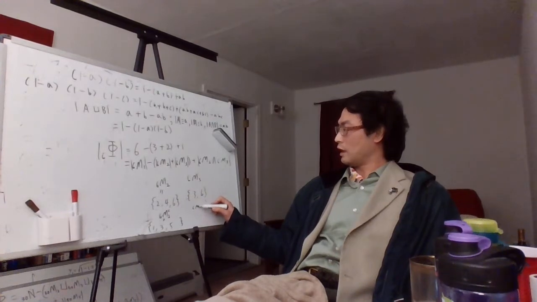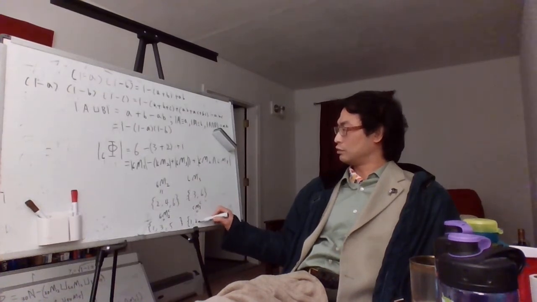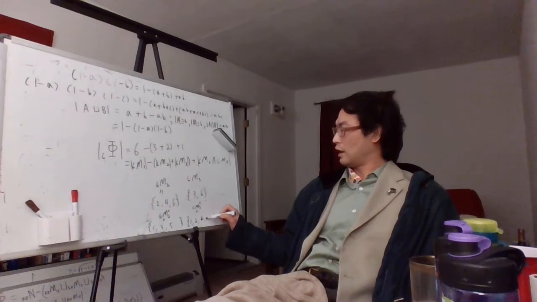And 6m3 complement is all the elements excluding this guy: 1, 2, 4, 5.